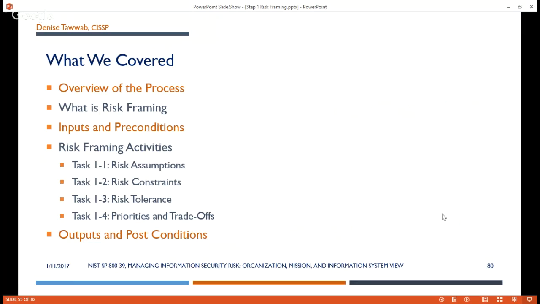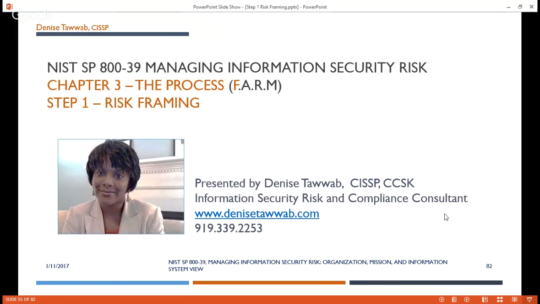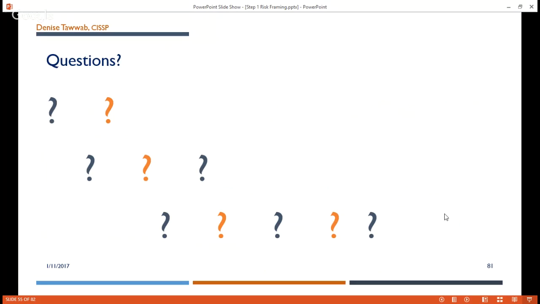You have to know the systems. You have to know what information you're protecting. You have to understand the organization's culture, your constraints, your assumptions, the risk tolerance. You have to understand all of that, and you have to understand it holistically so that you can put together a process that actually serves the greater needs of the organization. So that's my take on it.